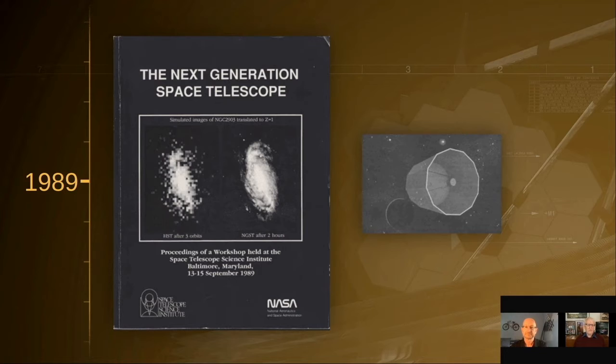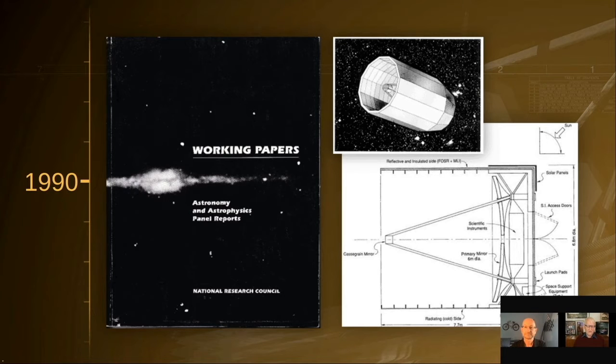So we set up a workshop called the Next Generation Space Telescope Workshop with the support of NASA and Space Telescope Science Institute, and really sat down for a week and went through concepts, science, and at the end had a wonderful discussion about just what a telescope like this could do, and the enthusiasm in the audience was palpable, very obvious, and very strong. And so that sort of set the stage in an important way for moving forward.